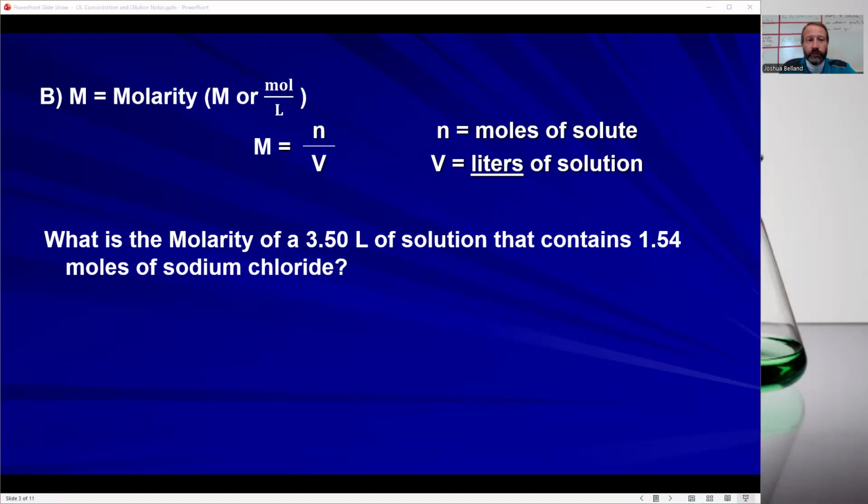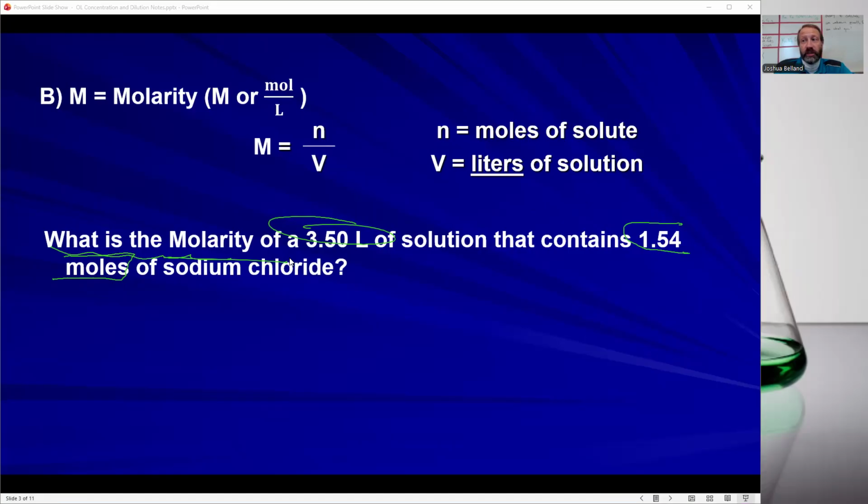All right, so we're going to do an example here, and I'm going to ask you for your favorite color. Green. So here we are. We're looking for the molarity, and I like to annotate. I've got 3.5 liters of solution, and it contains 1.54 moles. And I'm asked, what is the molarity?